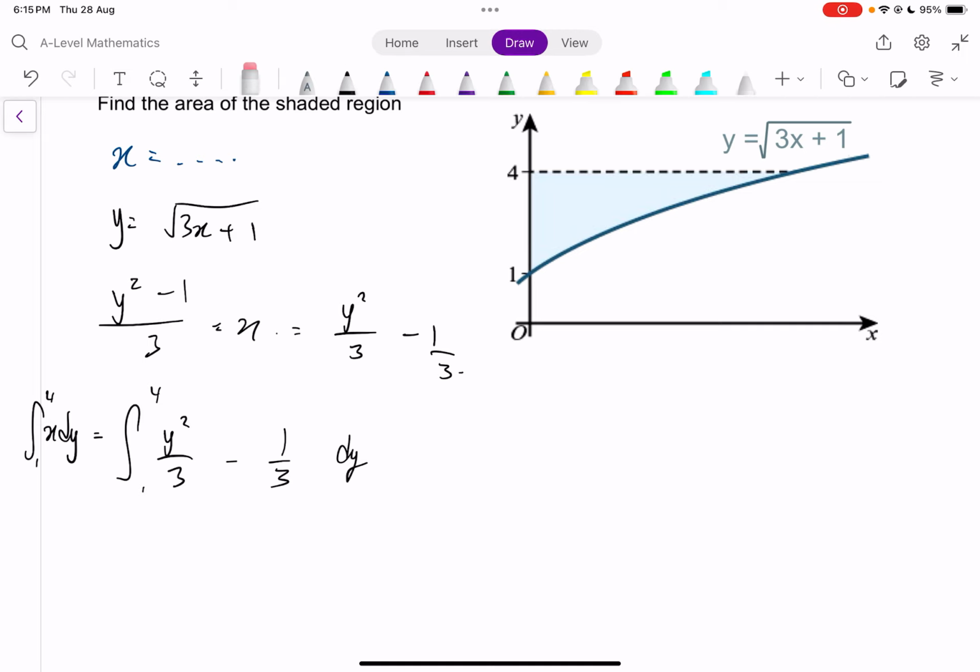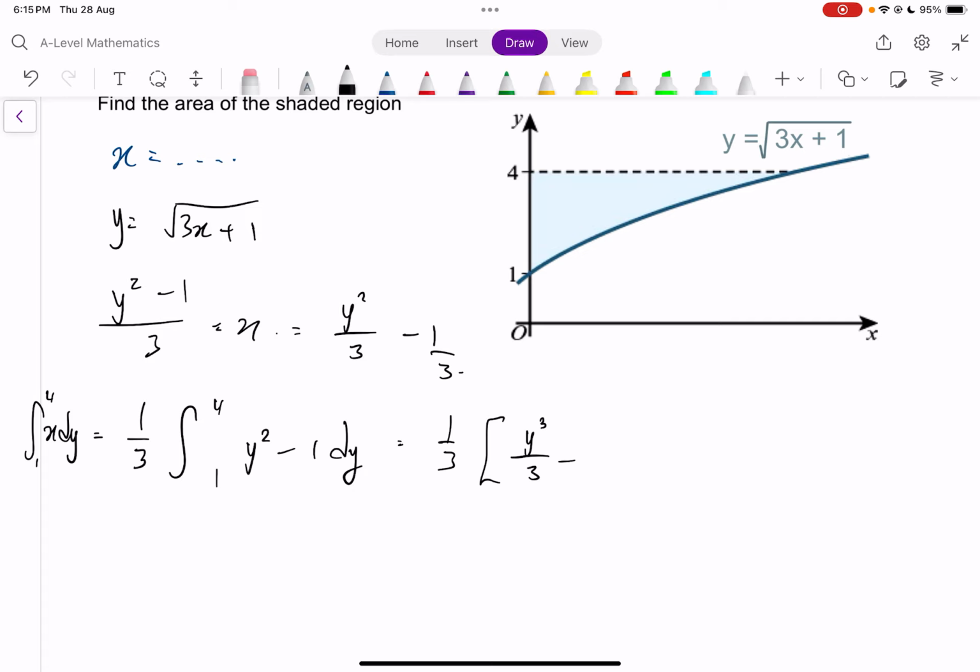Or even better, 1 over 3 integral from 1 to 4 of y squared minus 1. Fun. So the integral is y cubed over 3 minus y, from 1 to 4.